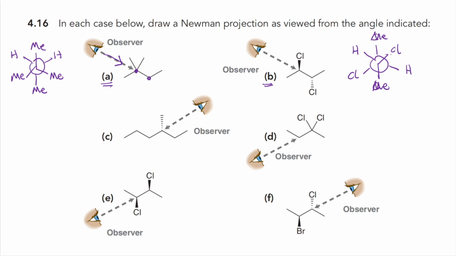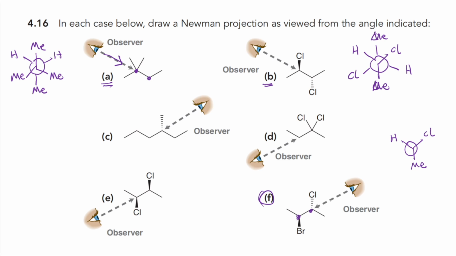Okay. And also, we can go through F. This time we're looking at it from that side, a different side. So this will become the first carbon, and this will become the second carbon. So the way we draw this, the Cl will be here, the Me will be here, and the H will be here.